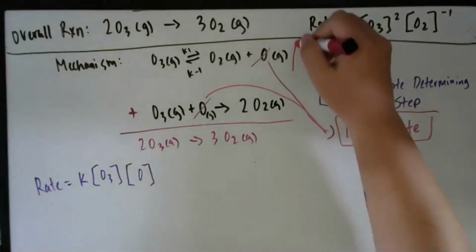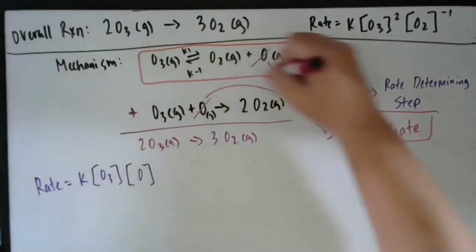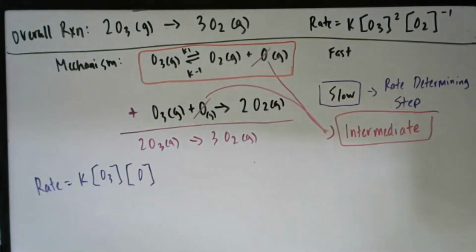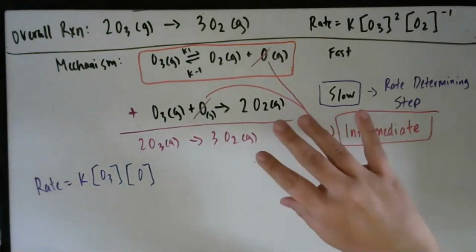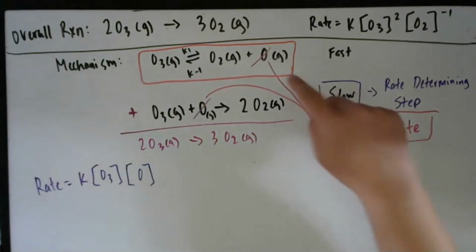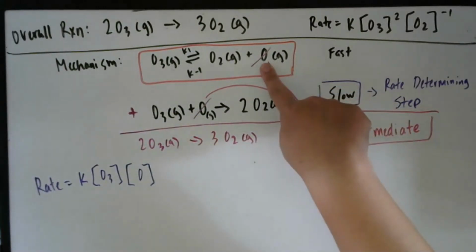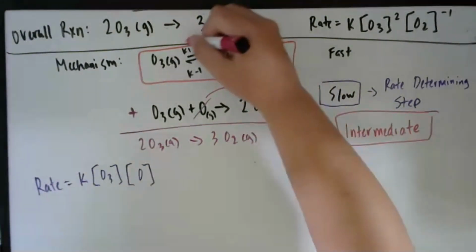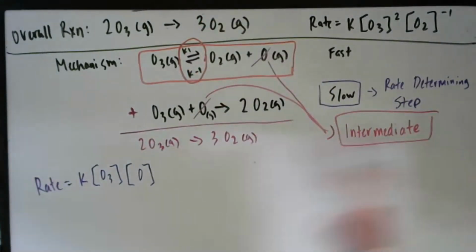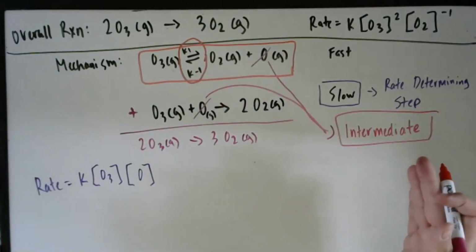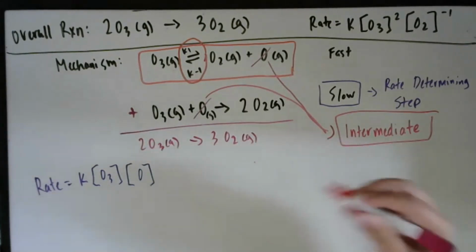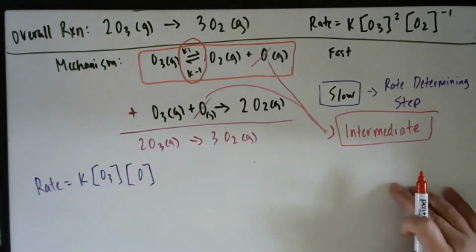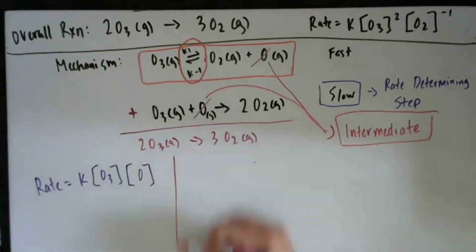So this fast step here is going to give us a different way to express the value of a singular oxygen. Because we have a reaction here that's kind of in equilibrium, right? I'm going to write this part over here, but I want to keep it separate from what we're doing over here.